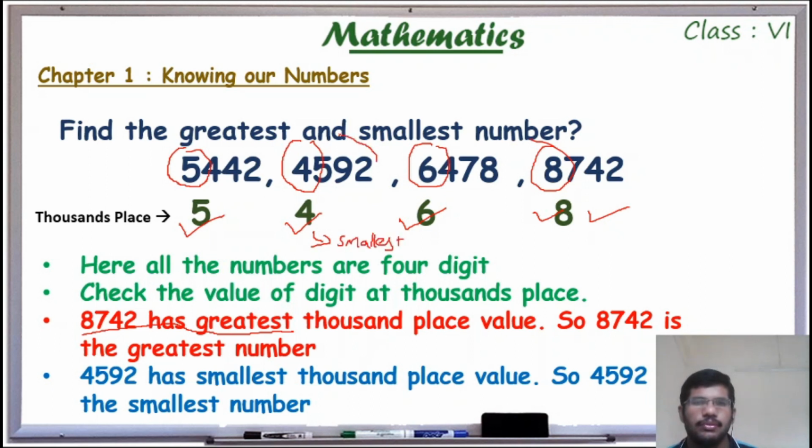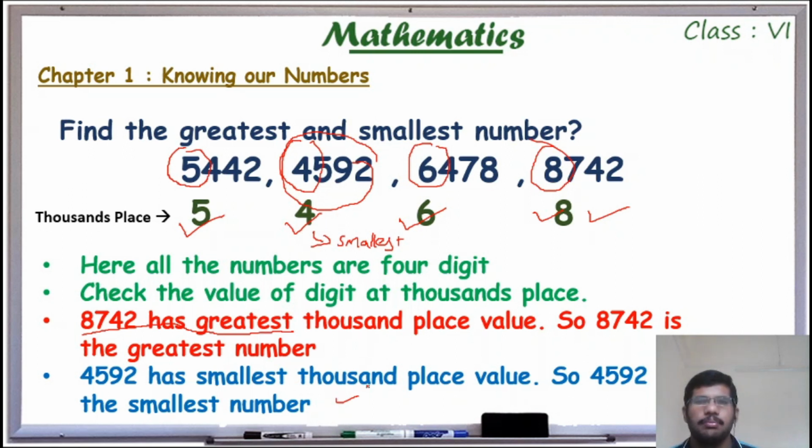Therefore 4592 is the smallest number. This is how we check the greatest and smallest number when we have equal digits. In this question we have 4 digit numbers, and first of all we check the first digit from our left.